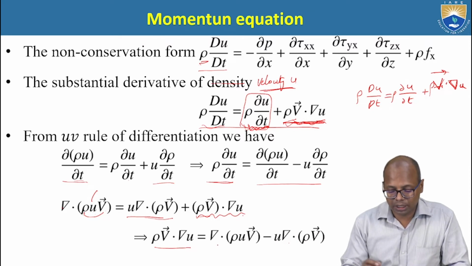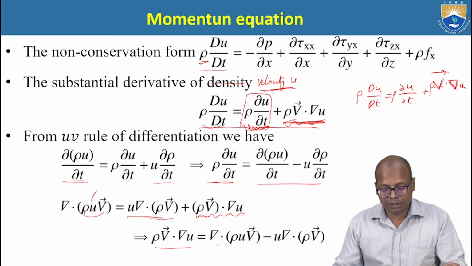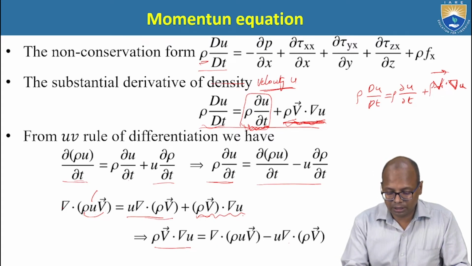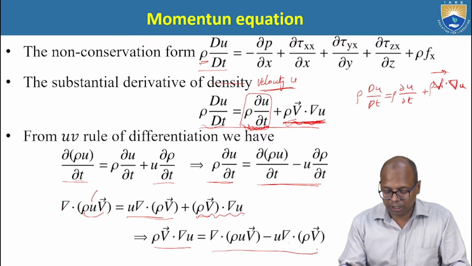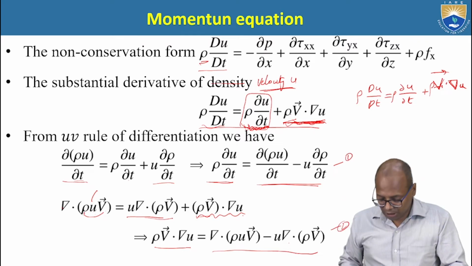This is what we are getting. So we have two terms here. One is this term, and the equivalent value of this is this, and the other one is this term, the equivalent value of this is this.